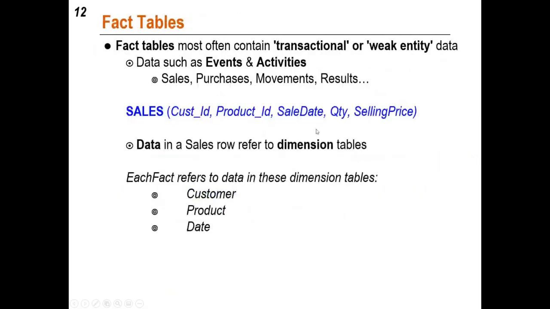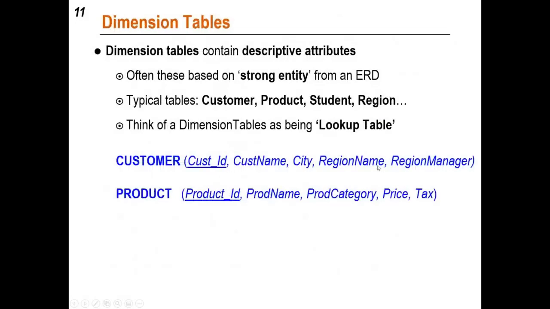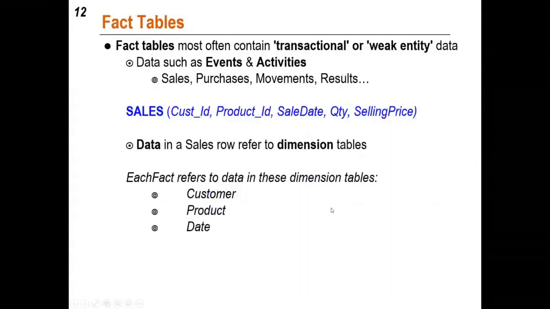And then the quantity and selling price. The quantity is the real fact in this particular context. So maybe the quantity is the real fact, and selling price may be coming from the product table as well, or maybe some other table.